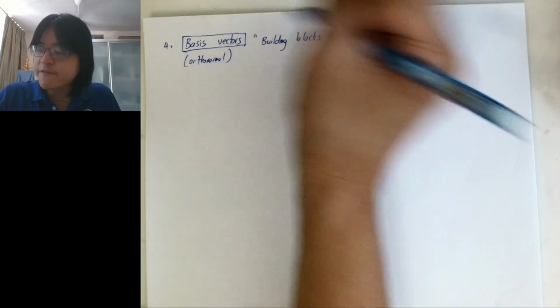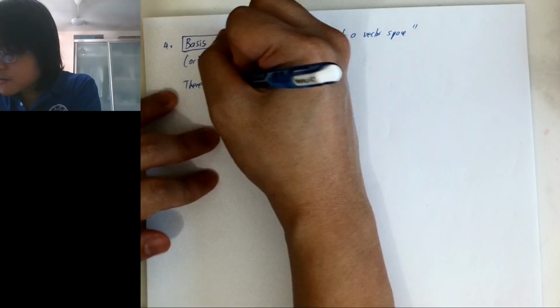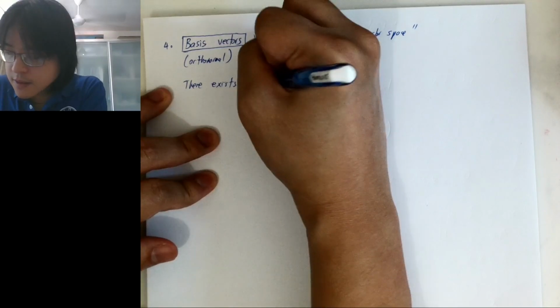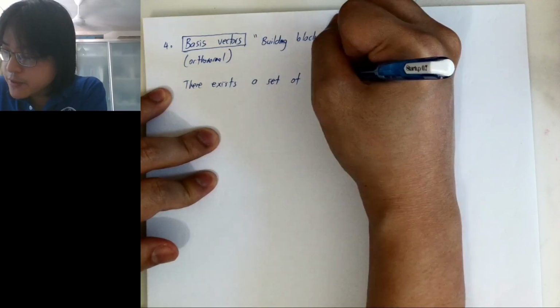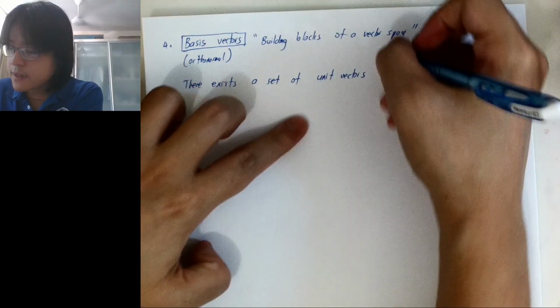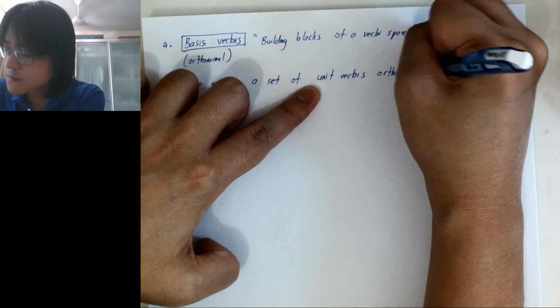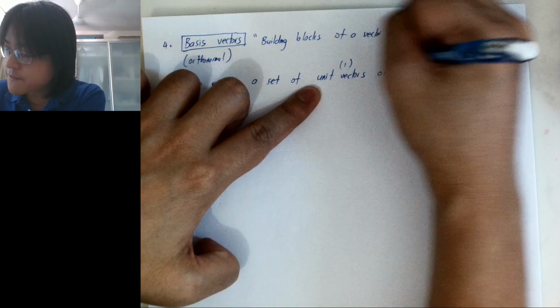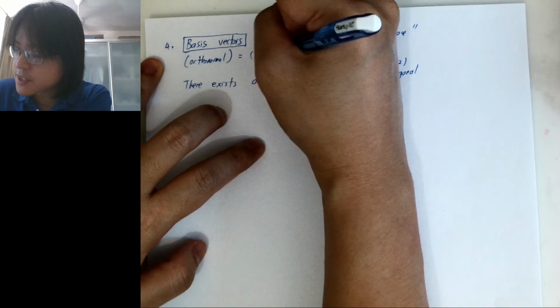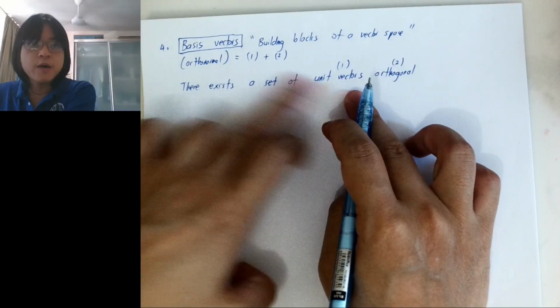That means for a vector space V, there exists a set of unit vectors that are orthogonal to each other. So this is the first condition plus the second condition. If they are orthogonal and they are length 1, we call them orthonormal.